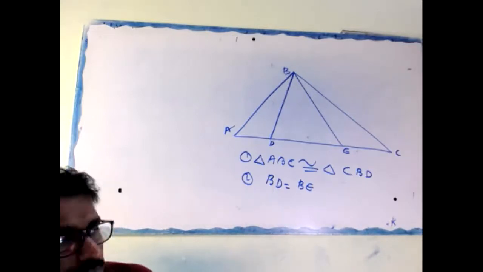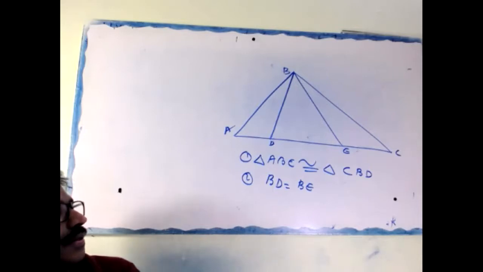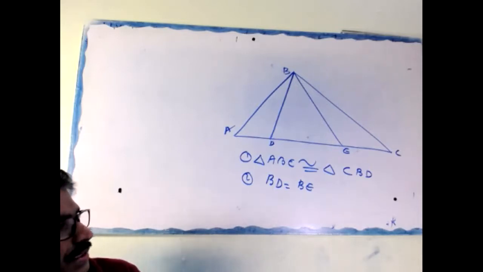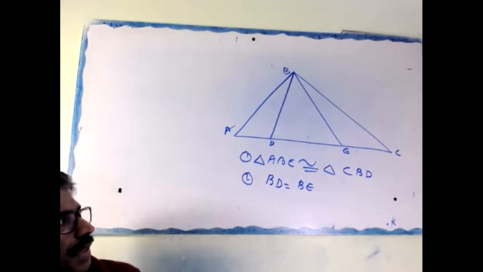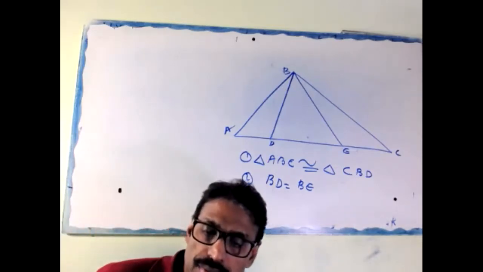Listen, AB equal to BC. Then AD equal to EC. Prove that triangle ABE congruent to triangle CBD and BD equal to BE. Okay, try now.